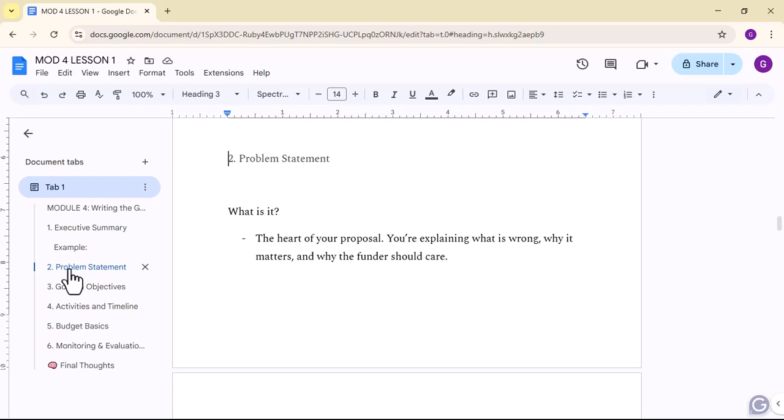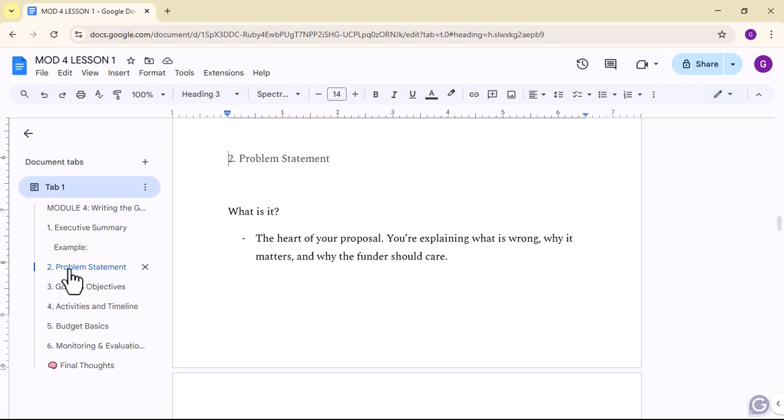And your project should be able to address a particular problem, and that is exactly what you do with the problem statement. It is the heart of your proposal, because you are explaining to someone else what is wrong in a society, in your country, maybe in your school, or wherever something is wrong, and why that thing matters.